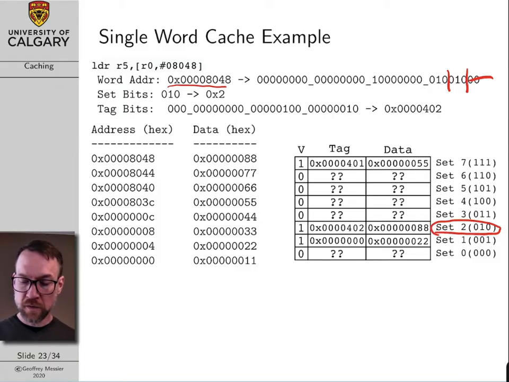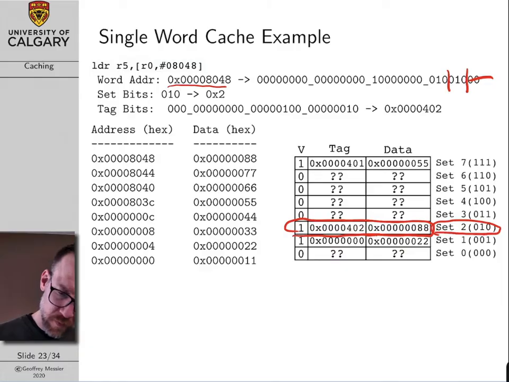This area of the cache already contained some data from an earlier load word, but we just overwrite the data. This load word command will check this area of the cache, see that the valid bit is equal to 1, and then compare its tag bits. If I can just draw this here.